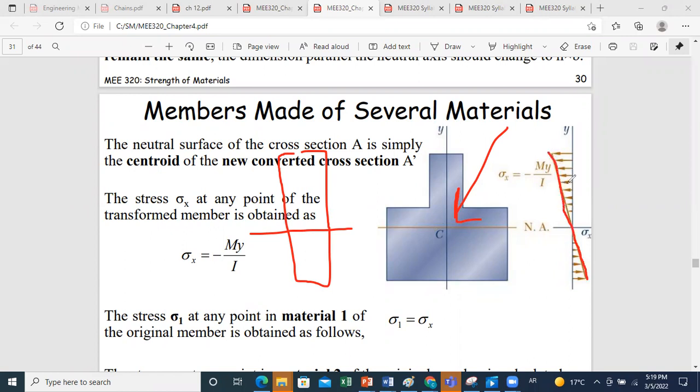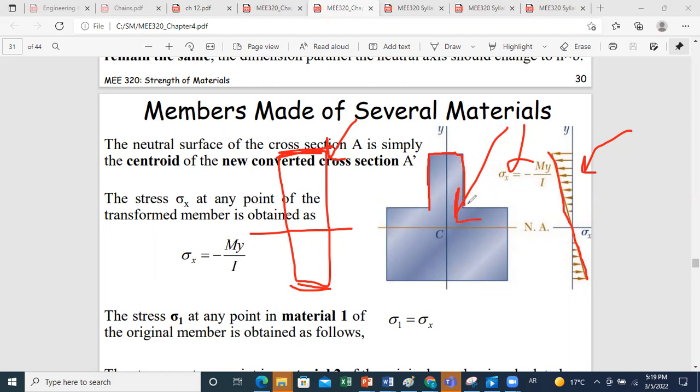But I should keep in mind that the stress distribution in the modified section is not similar to the stress distribution in the compound beam. How can I deduce back what the stresses are here? It's very simple. In the first material, I didn't perform any change.